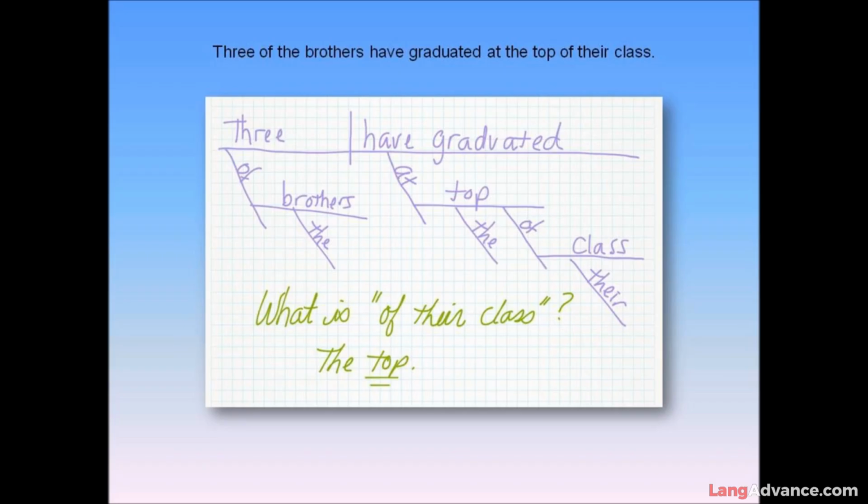Of the brothers explains which three we're talking about. At the top is where they graduated. Of their class describes top. What is of their class? The top. So you can have a prepositional phrase describing the object of another preposition.